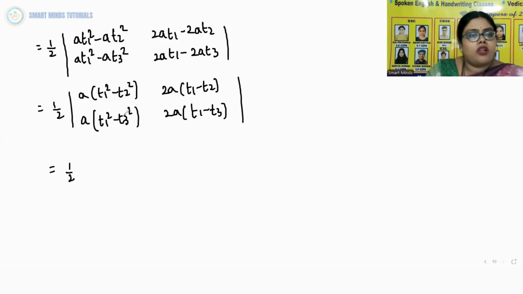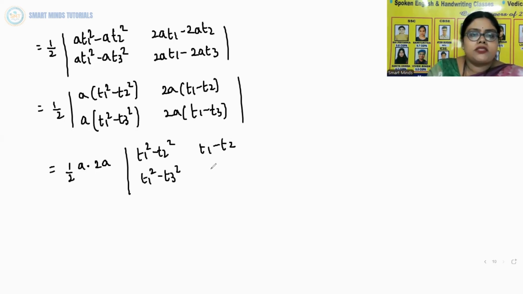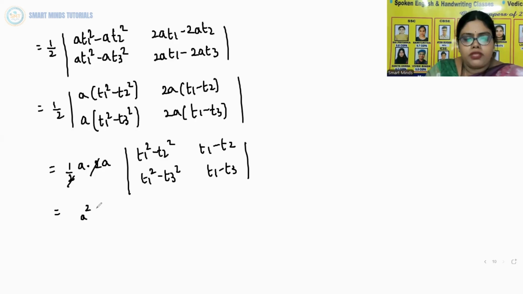From the first column we take a common, and from the second column we take 2a common. So we are left over with t1 square minus t2 square, t1 minus t2, t1 square minus t3 square, t1 minus t3. Now this 2 will cancel. We are left over with a square.